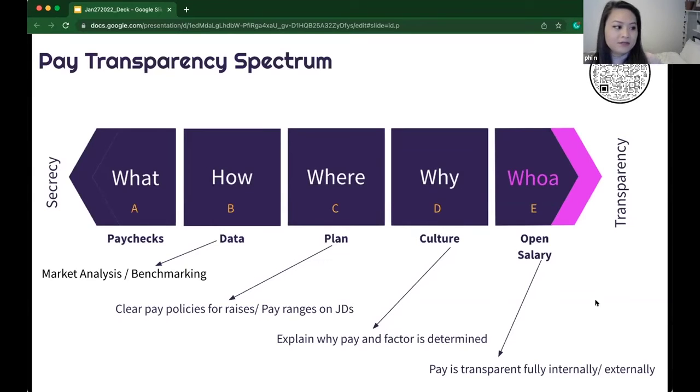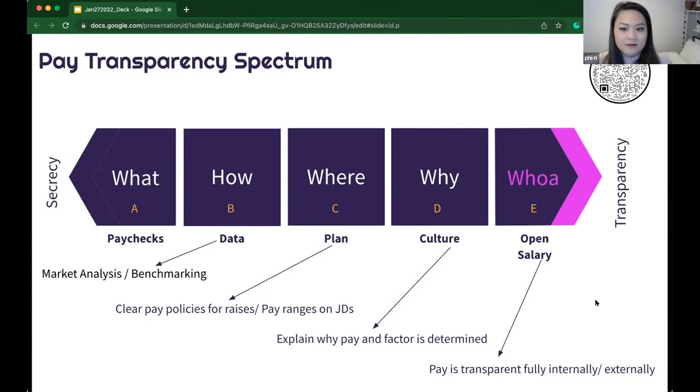There are different types of models, but the one we found to be the easiest to understand is a spectrum developed by PayScale. As you can see on the slide, it ranges from one end of full pay secrecy to the other extreme of pay transparency, and there are 5 steps in between.